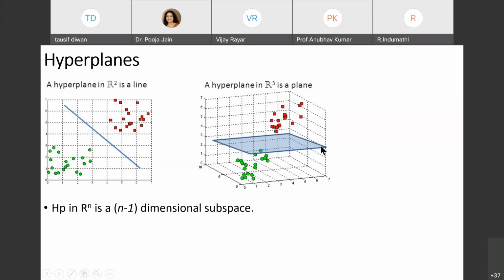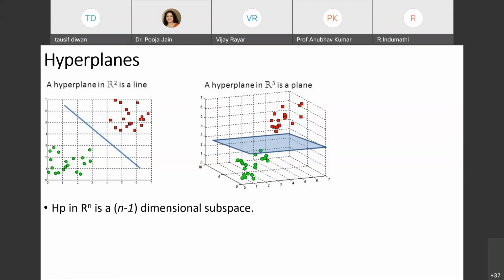Okay, so here the hyperplane is nothing but this plane. If the data is distributed in one dimension, then a single point is required for the separation. If the data is distributed in two dimensions, then a line is required for division. If data is distributed in three dimensions, then a plane is required.